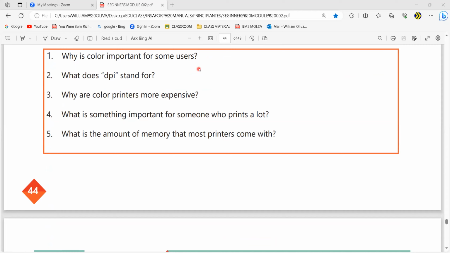Okay. It says that because some document has the cost of the copy. One more time, for the cost. The price.